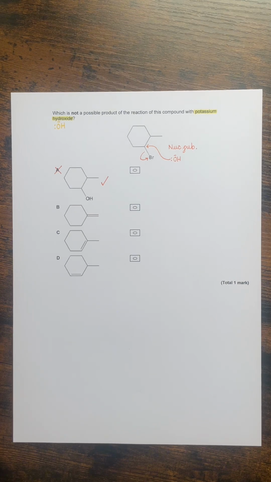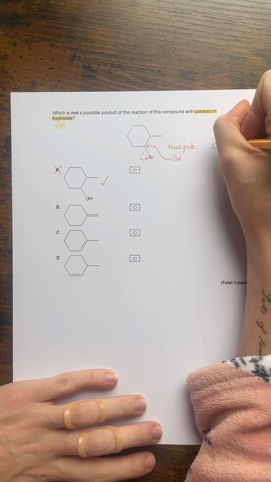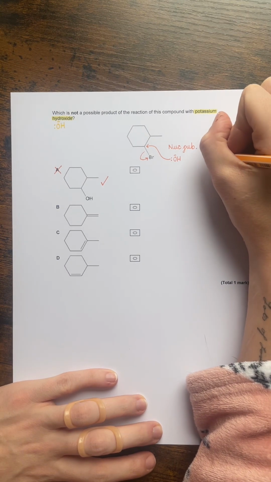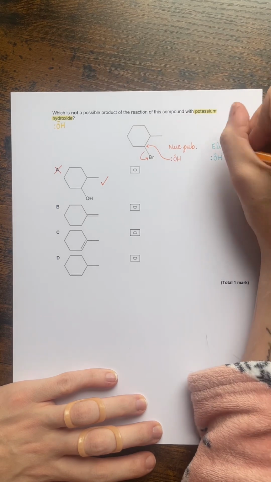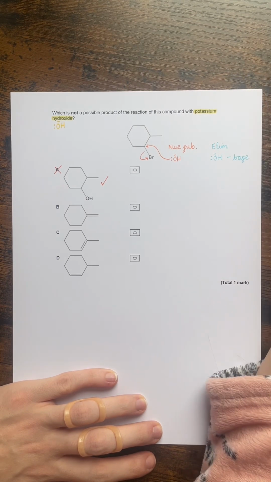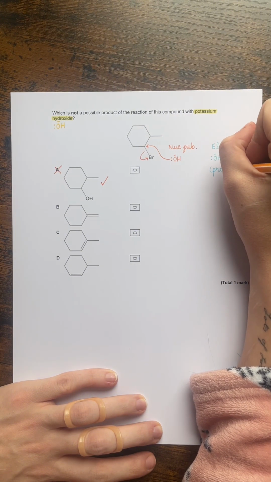Okay. Now, the other reaction that we can get is elimination happening. And in elimination, we've got OH minus ions, which are acting not as a nucleophile anymore, but as a base. And a base is a proton acceptor.